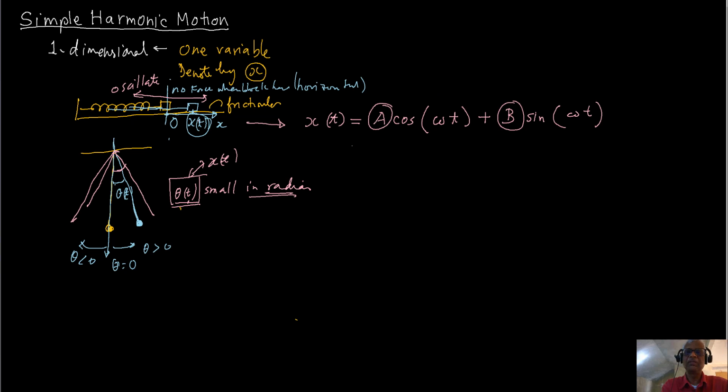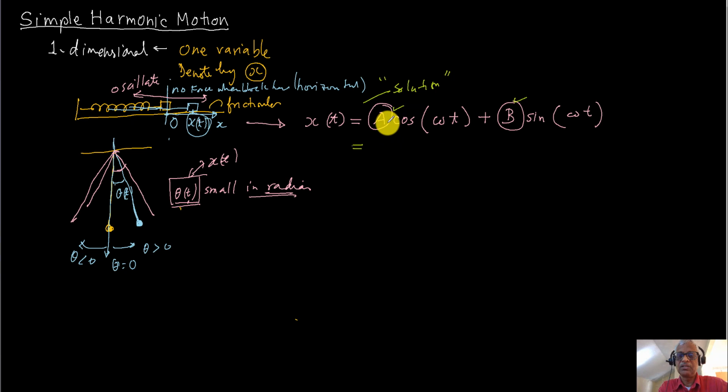Another way to write the simple harmonic motion solution is to combine these two constants. You don't have to have both cosine and sine. You can just write one cosine, but you have to include a phase angle.